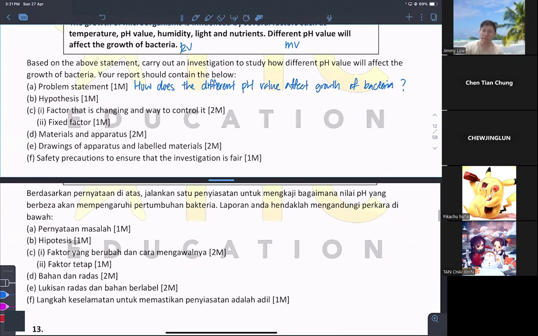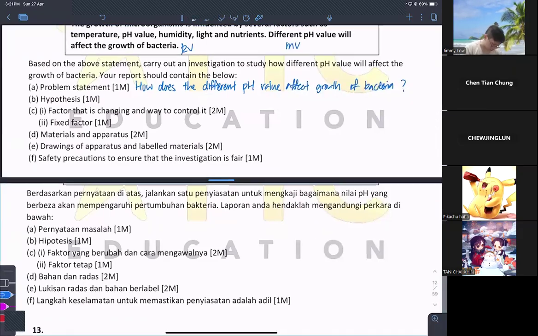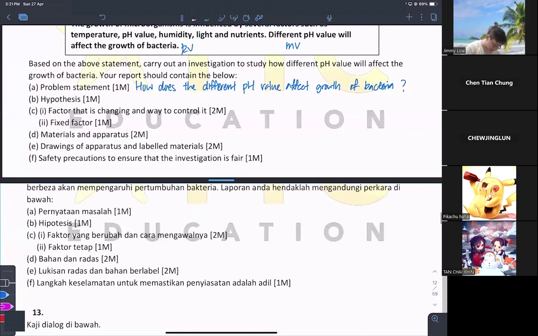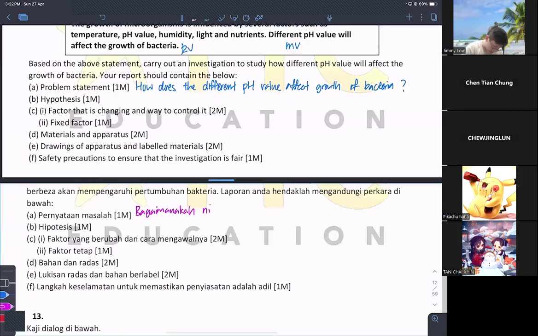When it comes to your hypothesis, sorry, for your BM version first. Bagaimanakah nilai pH berbeza.